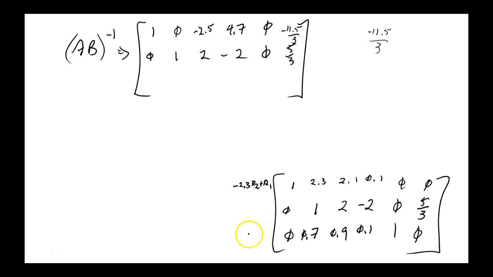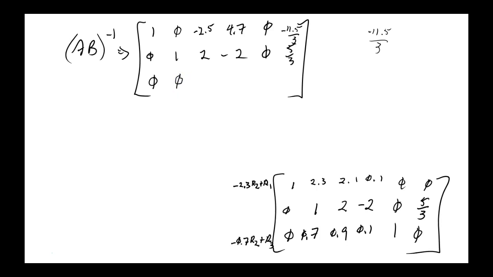Okay, and down here we'll do, as you said, negative 0.7 times row 2 and add it to row 3. Okay, and what will that give us? A 0 there. Better get a 0 there.